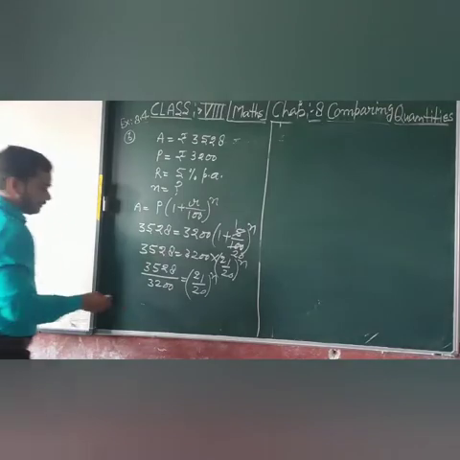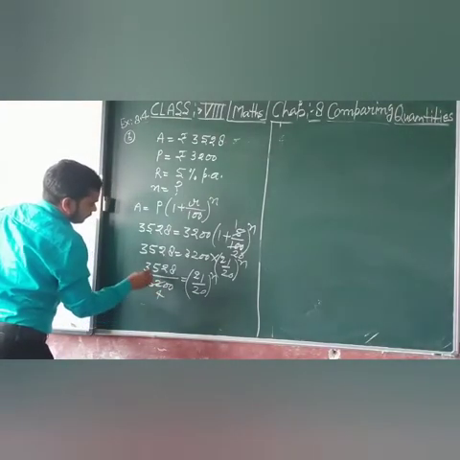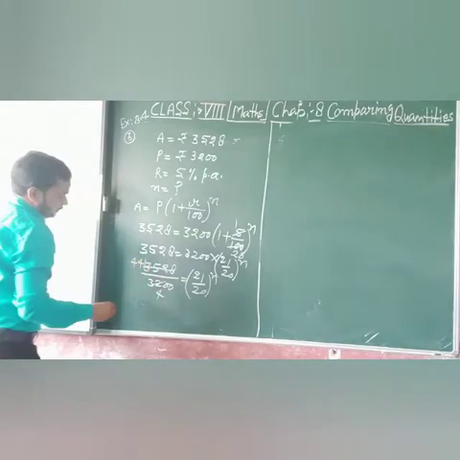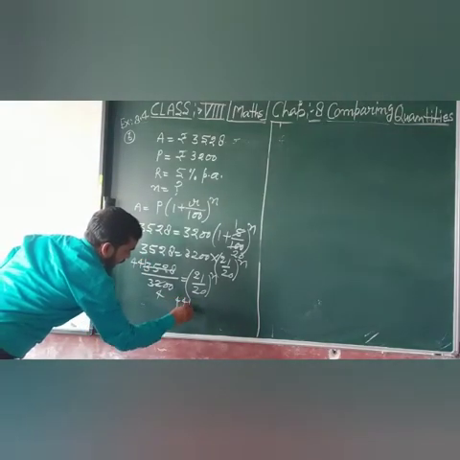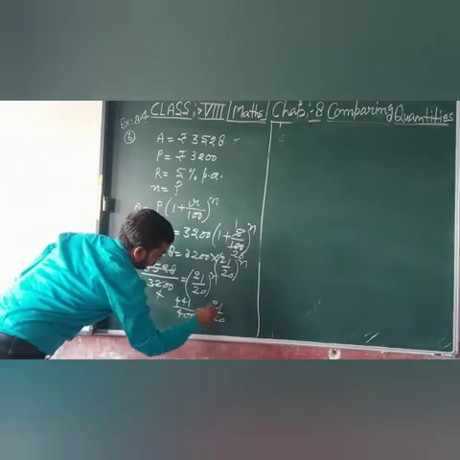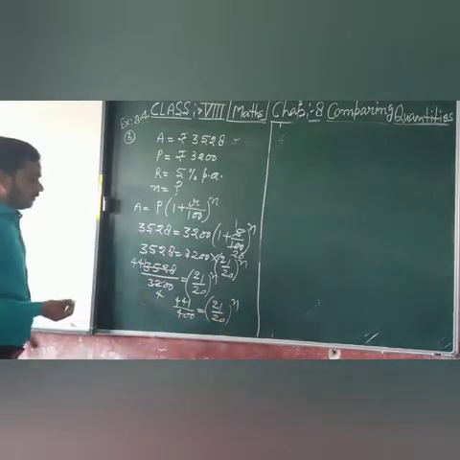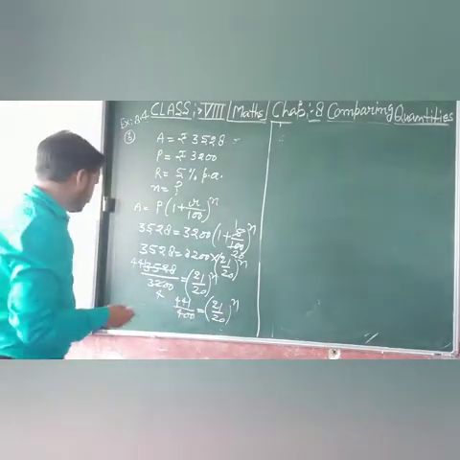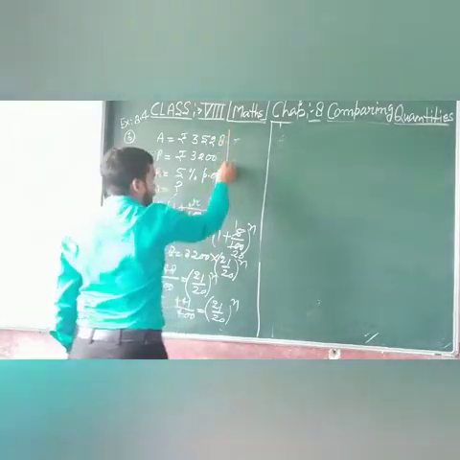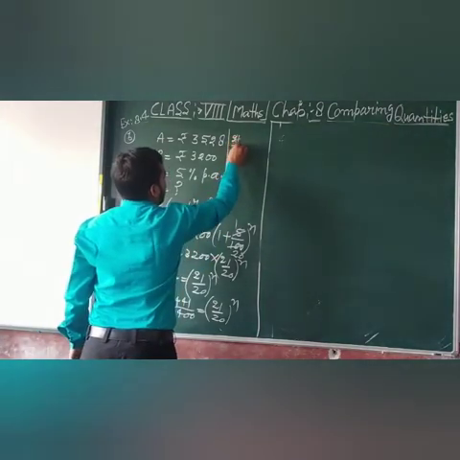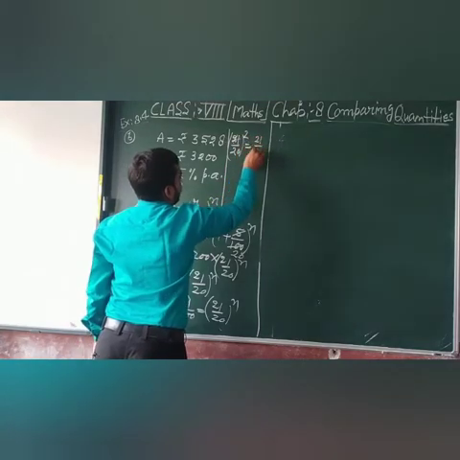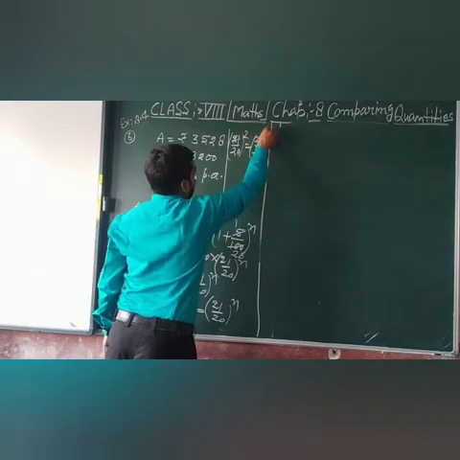Then divide by 8. 8 times 4 is 32, and 8 times 1 is 8. So 441 upon 400 equals (21 upon 20) whole power n. 441 is the square of 21. So (21 upon 20) whole power 2 equals (21 upon 20) whole power n.